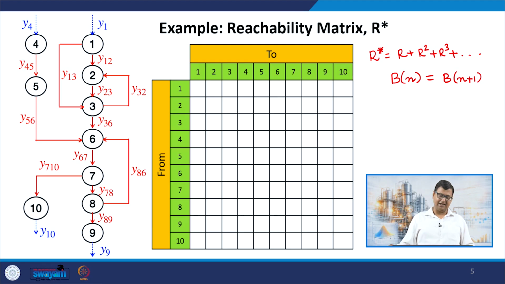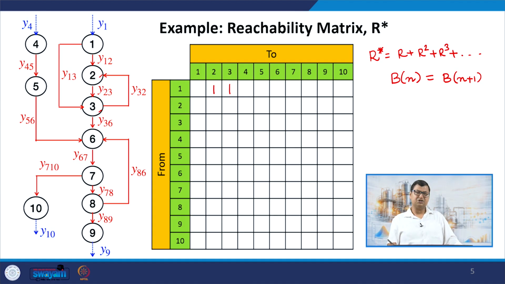So, from 1, I can clearly go downstream to 2 and to 3. I can go to 3 in 2 steps, and to 2 in 1 step, but for R star it does not matter. 4 and 5 I cannot reach because that would mean a backward movement on an edge, which is not possible. It is a directed graph.